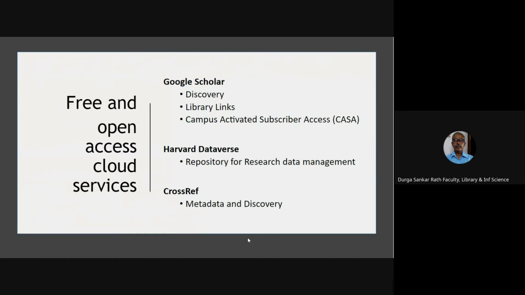Their services are there, IRINS system embedding with them, but still some people prefer paying some money, and that's why free and open access cloud services are also nowadays becoming popular. Metadata and discovery services with the help of Crossref, and then Harvard Dataverse, a repository for research data management.